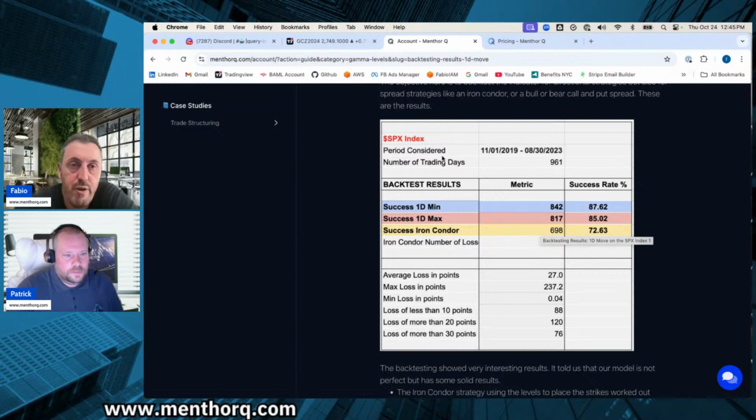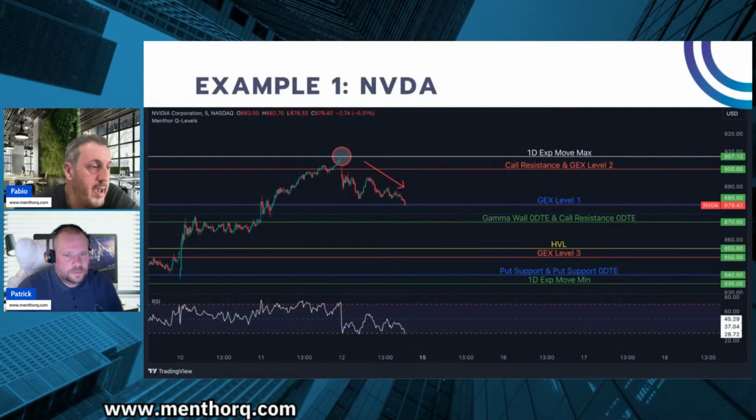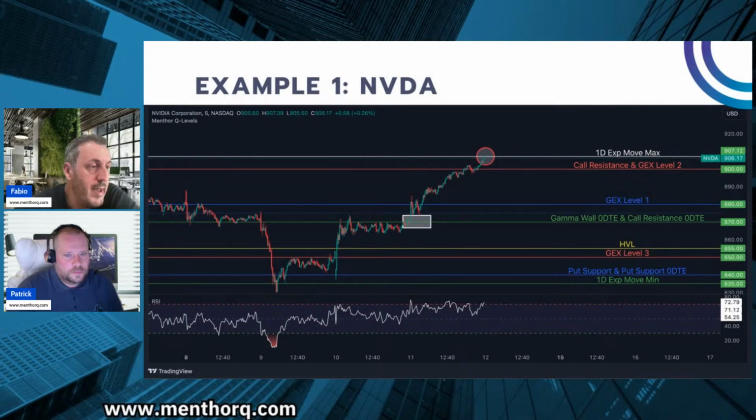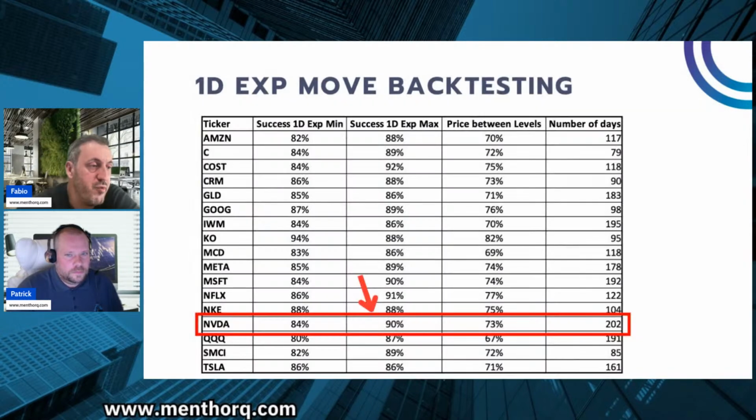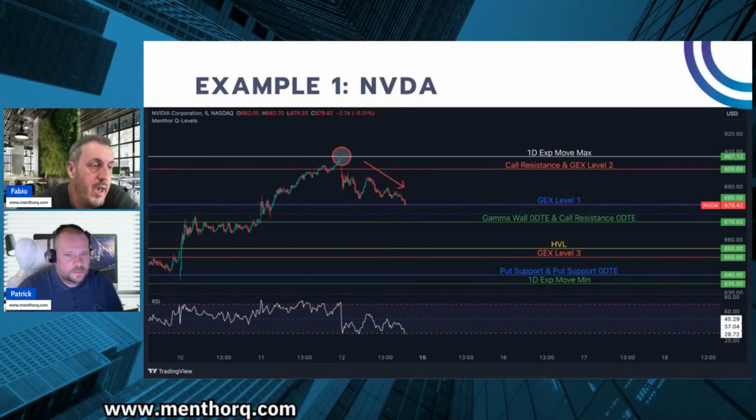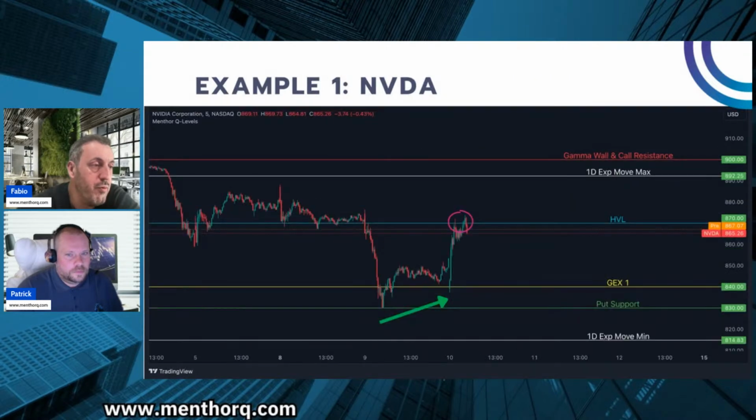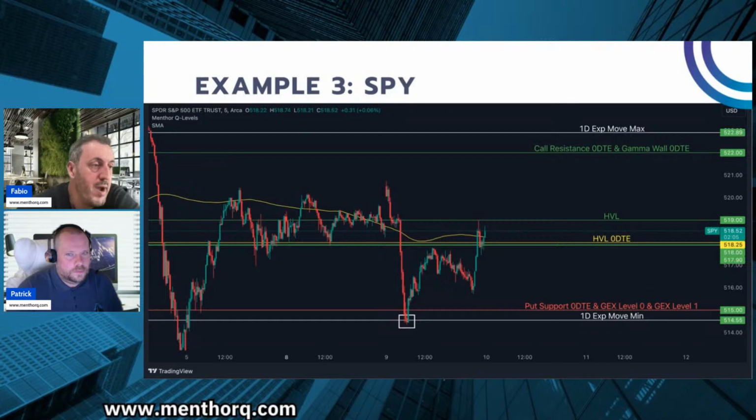So again, if we go back to our previous example, and you are in a situation like this, you know that potentially there could be very strong momentum in the market that could cause a breach of this level, but you could also have the opposite effect, which is what happened right here. And we see that happening a lot. So for example, if we go back to the SPY example, we see exactly the 1-day minimum getting hit, and suddenly the market reacts and reverses to the other side.